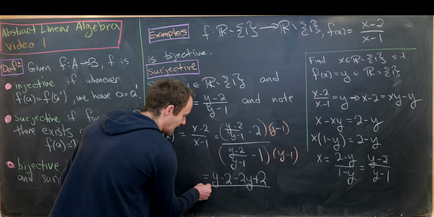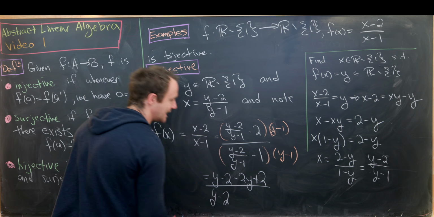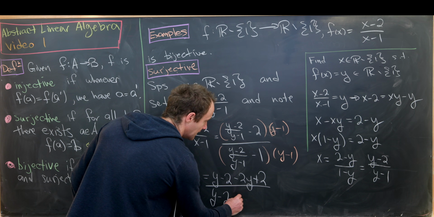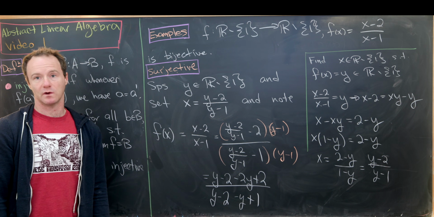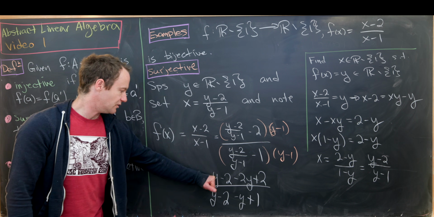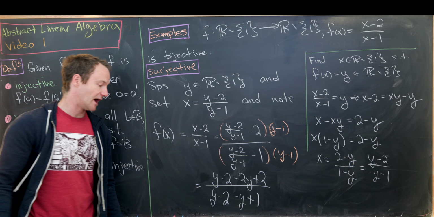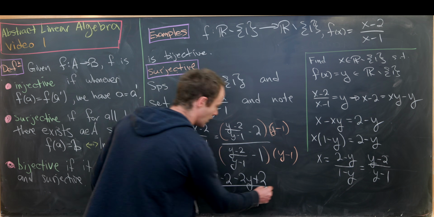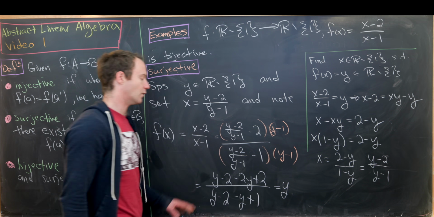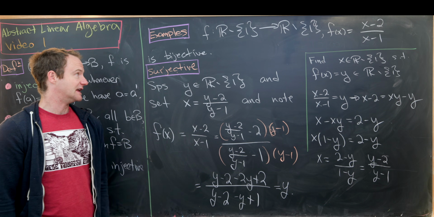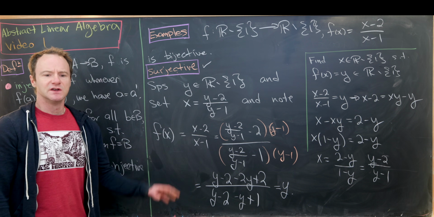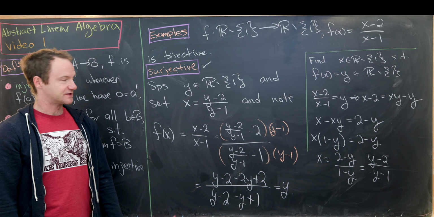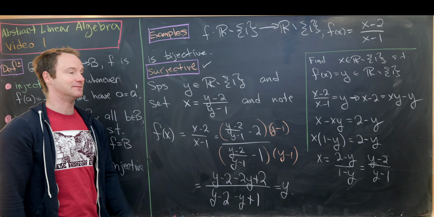And in the denominator, we'll have y - 2 and then -y + 1, from distributing that -1 through. But notice the numerator simplifies to just y, and the denominator simplifies to 1, so this is equal to y. And that's what we needed to end up with in order to show that this is surjective. So that means we've shown that it's injective and surjective, which means it is indeed bijective.